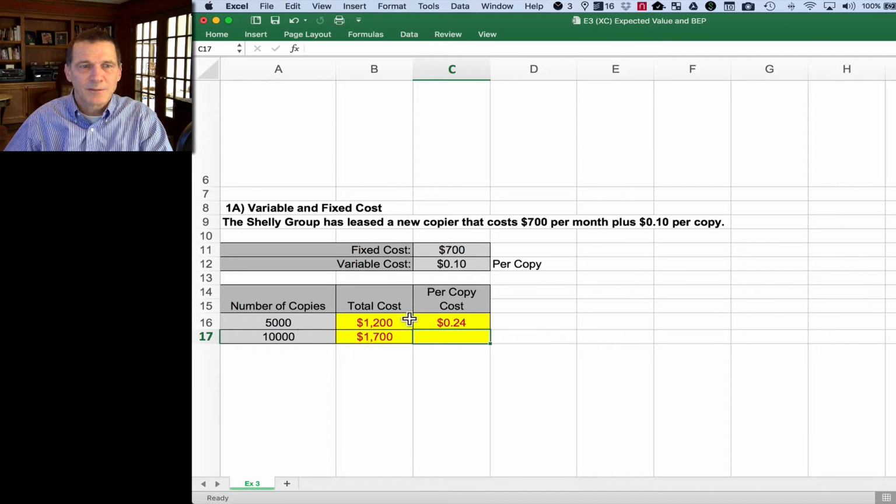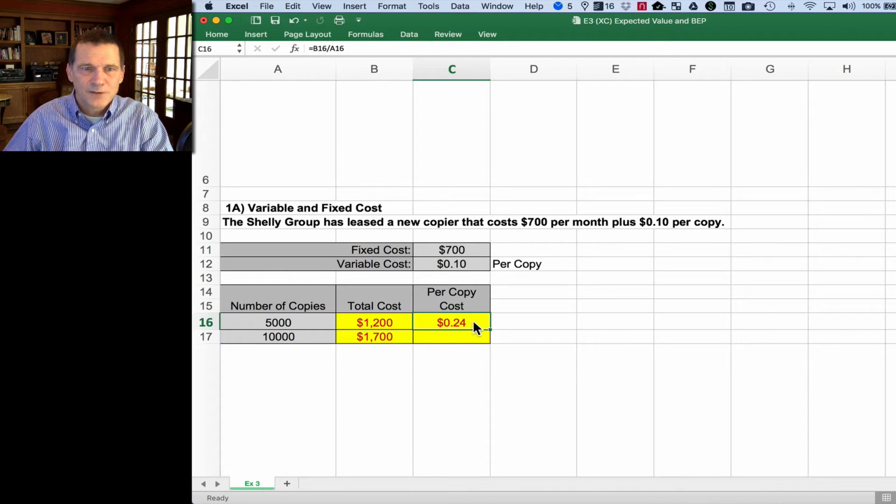24 cents per copy at 5,000 copies. And right below it, we can do exactly the same thing, which is, in fact, we can copy and drag it down because the relationship between this target cell and these two fields is exactly identical to the relationship of this target cell and these two fields. So because it is identical, we can get the dark black box here in the corner, right?